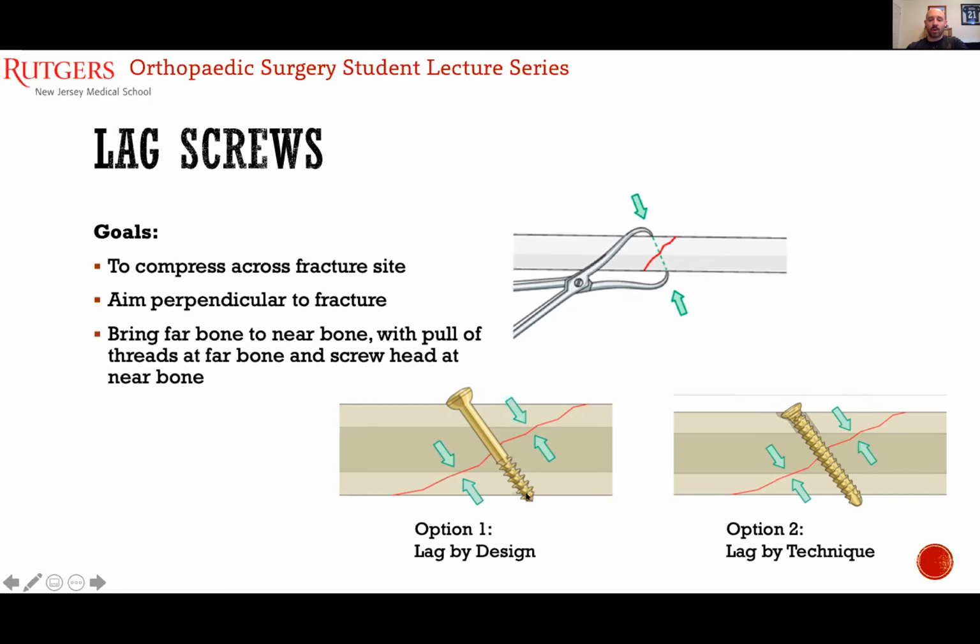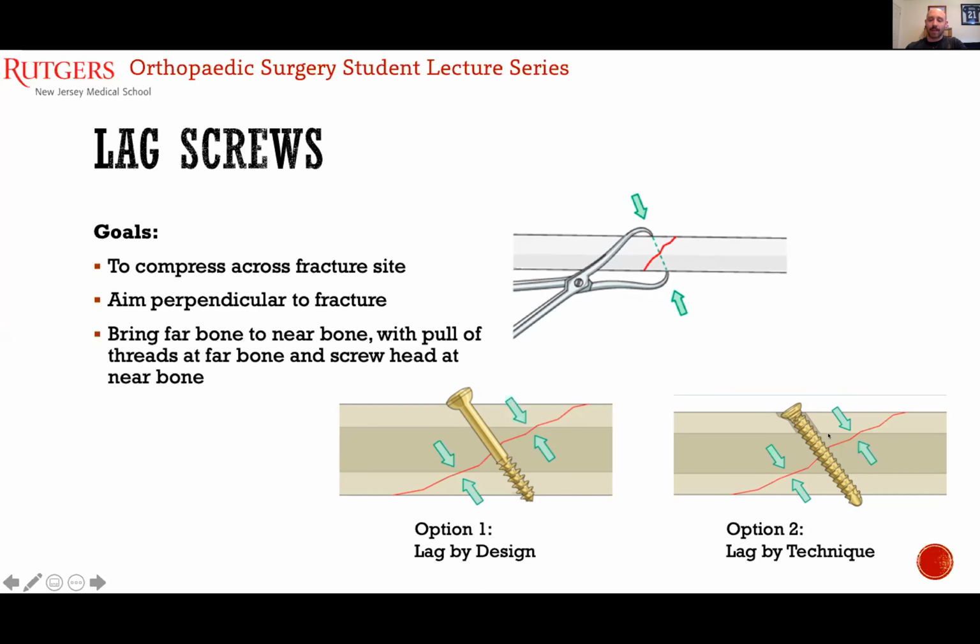And so then the far cortex, once the threads engage, that's going to pull the far cortex towards the near cortex, and the screw head acts as a buttress and prevents it from sliding, and it allows for compression at the fracture site.